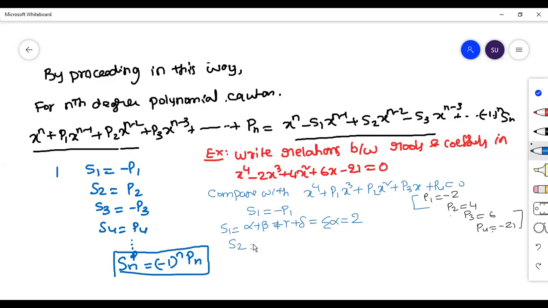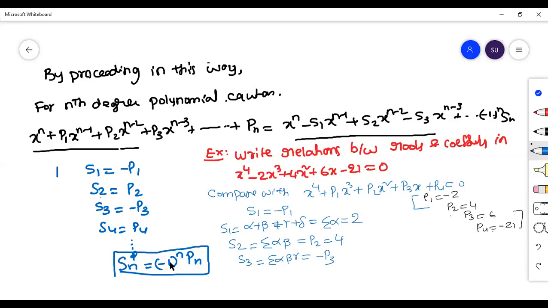Next S2, pairwise taking, sigma alpha beta, is equal to P2, that is 4. Next, S3 is sigma alpha beta gamma, which is again minus P3, alternating. First one is minus P1, next S2 is P2, S3 is minus P3, S4 is P4, S5 is minus P5.